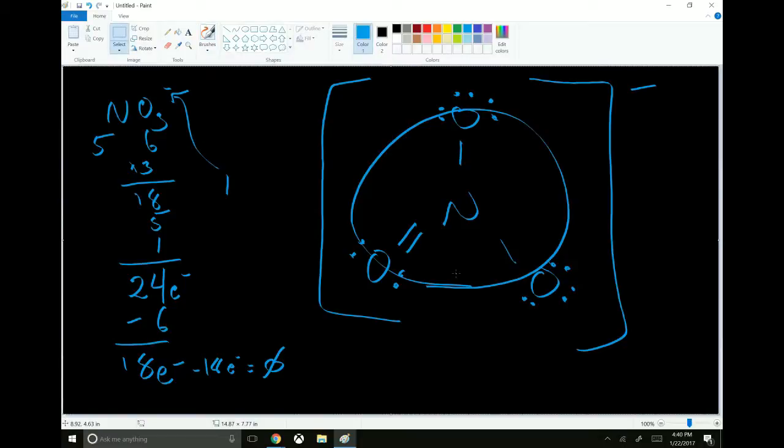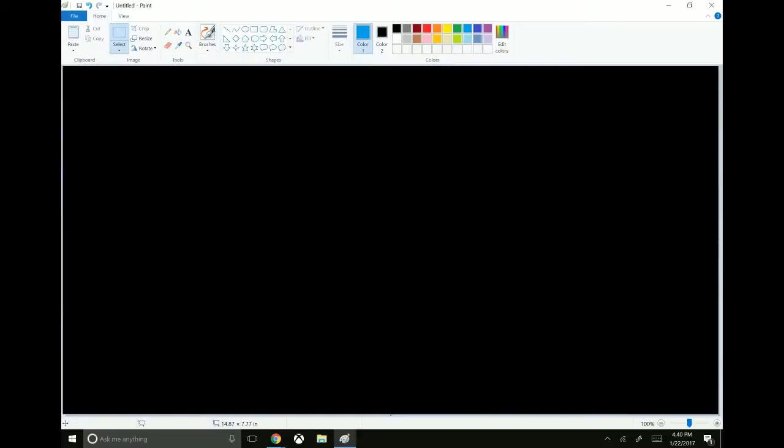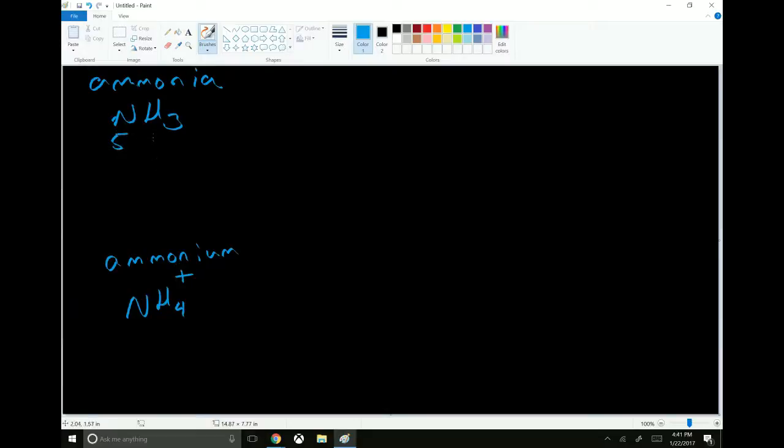Okay, now let's go ahead and look at the difference between ammonia and ammonium. Ammonia is NH3. Ammonium is NH4+. So, ammonia, nitrogen gives us 5, hydrogen gives us 1 times 3, for a total of 8 electrons.